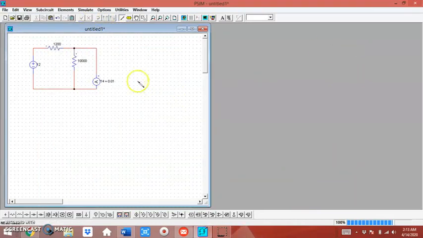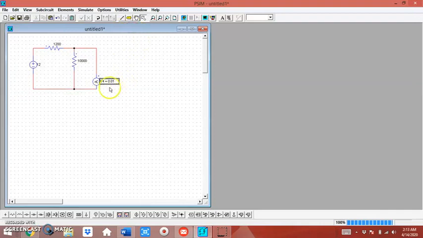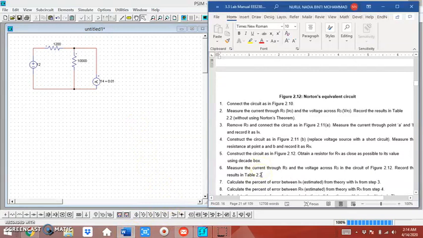So the current is equal to 0.01 ampere. So this is the value for IN. Okay, now let's proceed to step 4. Construct the circuit as figure 2.11b, then replace the voltage source with a short circuit and record it as RN.